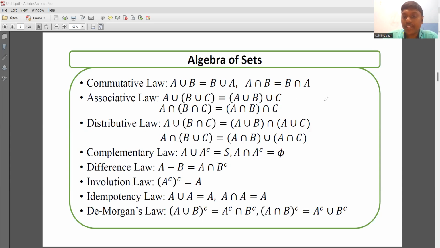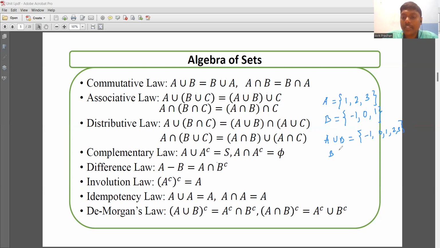If I consider A equal to {1, 2, 3} and B equal to {-1, 0, 1}, then what will be A union B? A union B is going to be {-1, 0, 1, 2, 3}.